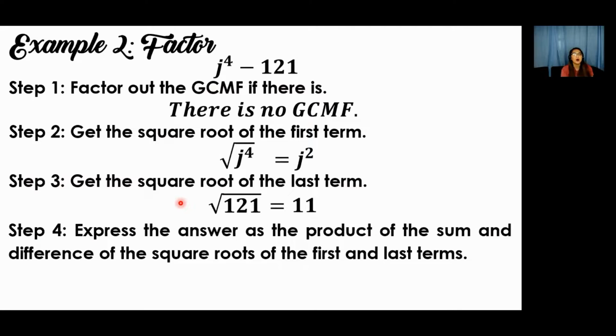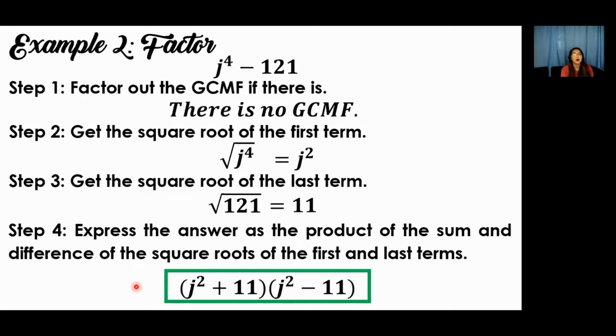And then, on step 4, kailangan natin i-combine the product of the sum and the difference of the square roots. So, sum, j squared plus 11, difference, j squared minus 11, and then their product. So, magiging quantity of j squared plus 11 times the quantity of j squared minus 11. So, this will be our factored form for our example number 2. Okay?